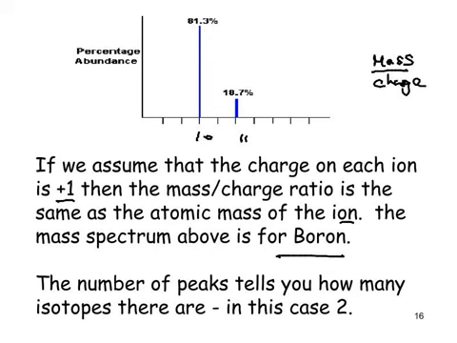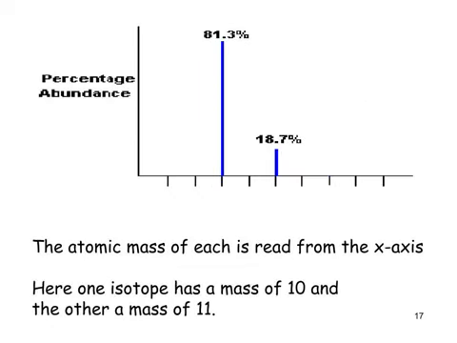The number of peaks tells you how many isotopes there are. So 2 peaks, there are 2 isotopes of boron, at least present in this sample. The atomic mass of each is read from the x-axis, so 10 and 11. Here one of the isotopes is 10, the other is 11.